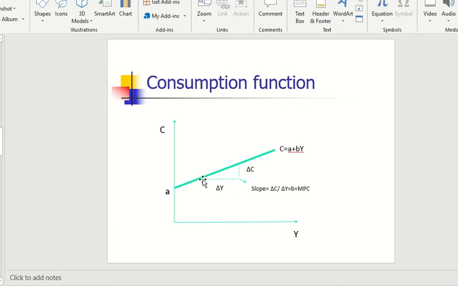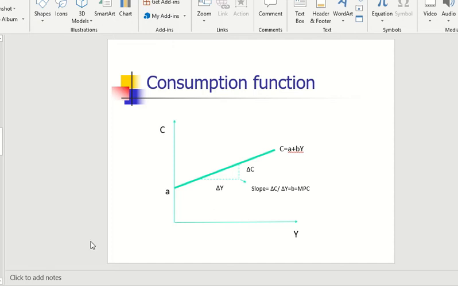When you look at the horizontal distance, that's the change in income. So the slope is actually the change in consumption divided by the change in income. That would give us the marginal propensity to consume. So in other words, this little b here represents the marginal propensity to consume.